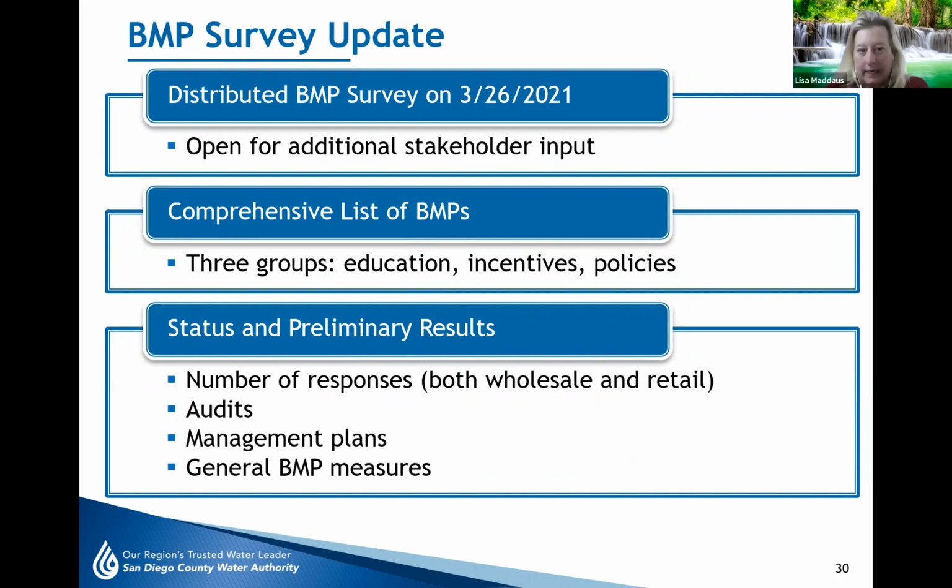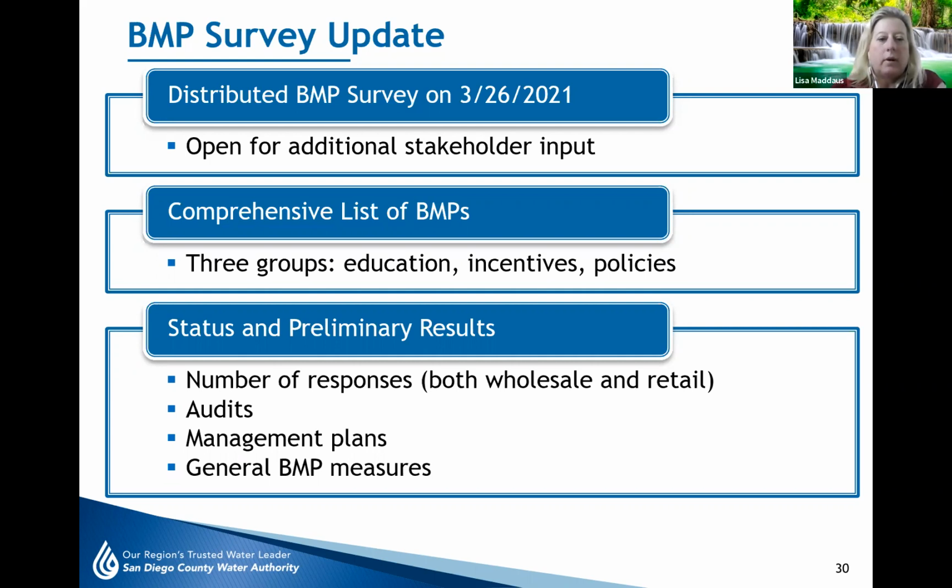If you're not doing a CII program, the survey is set up so that you can still give us feedback, and you'll see the choices in the draft results that we're going to share out, so you can get a flavor for what the findings are so far. We would like to know if you don't have a program but are planning one, so it's in the right focus area of the BMP list. Is it comprehensive enough? Are there things you see that are missing? Are there things you think are completely infeasible and should be removed from the list?